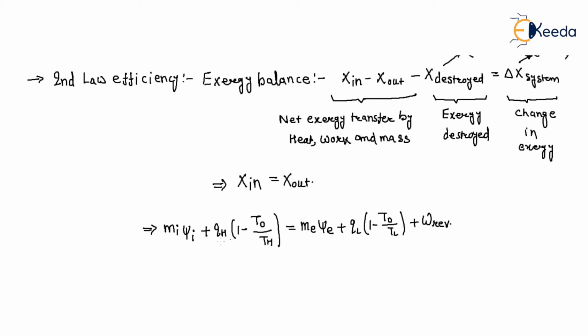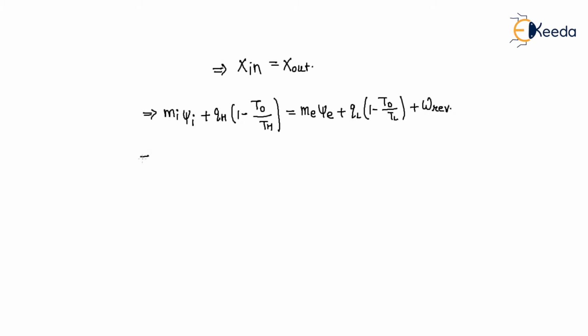So for this, what is your reversible work? W reversible, this is kilojoule per kg, is equal to what? QH (1 minus T naught by TH) minus QL (1 minus T naught by TL) plus M outside.